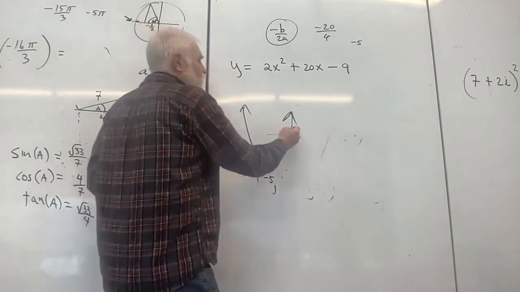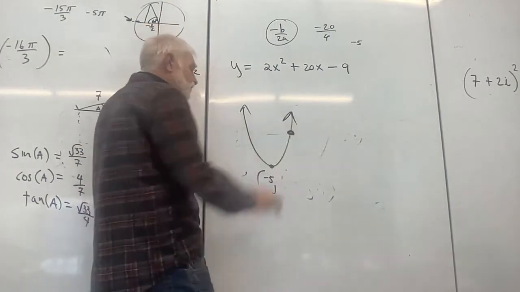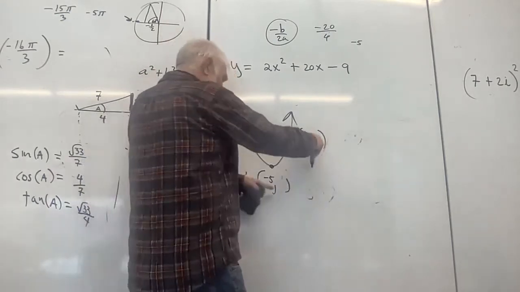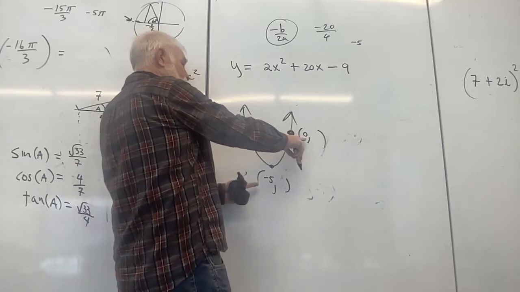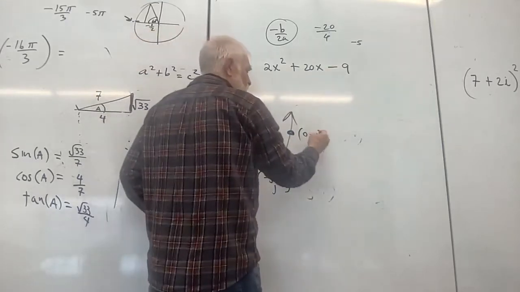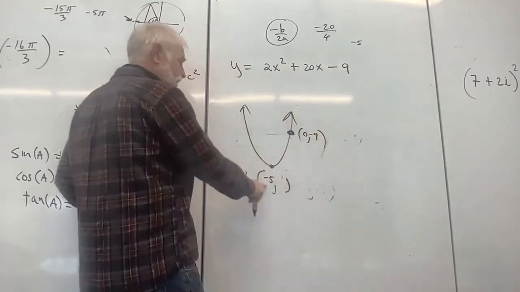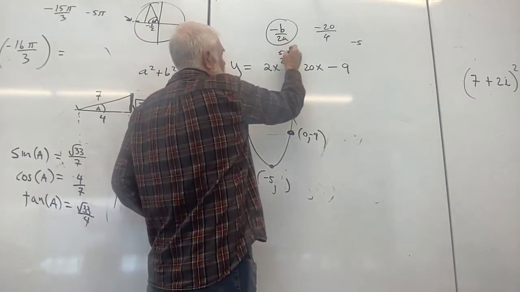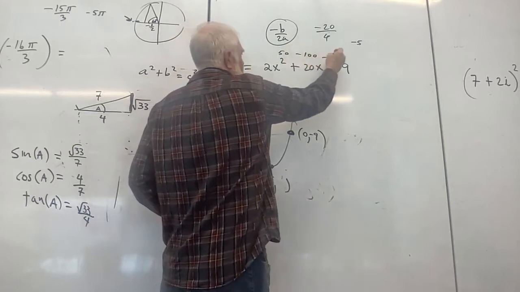Which does mean that your y-intercept is to the right of it if we use the number 0. How do we get the y values of both of these? We use the x values. I plug in a 0, I see negative 9. I plug in a negative 5, and I get 50 minus 100 minus 9.